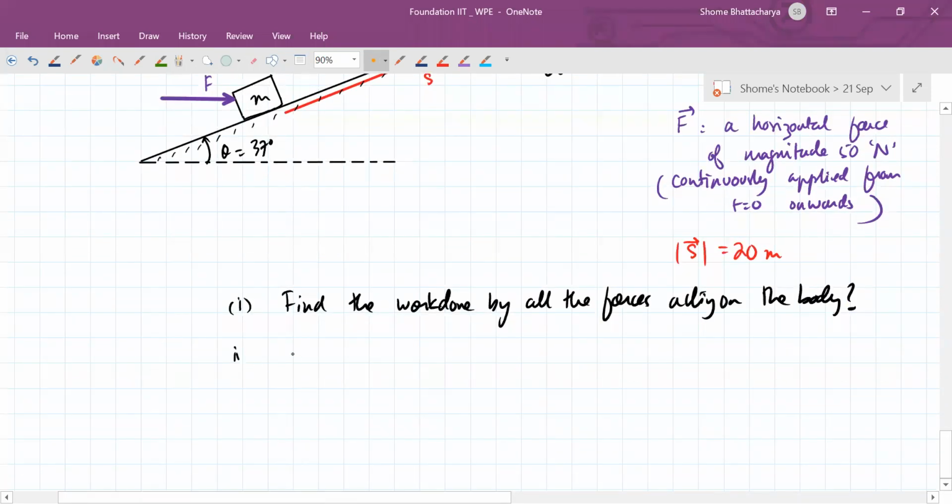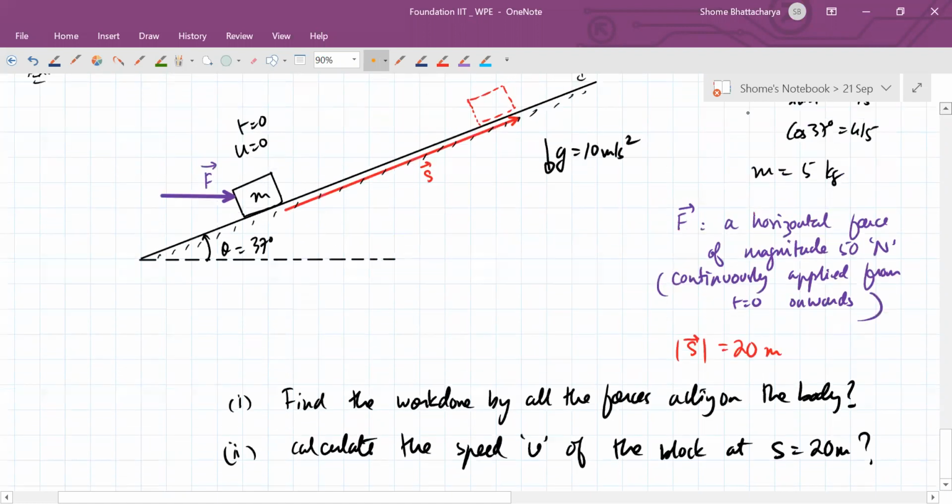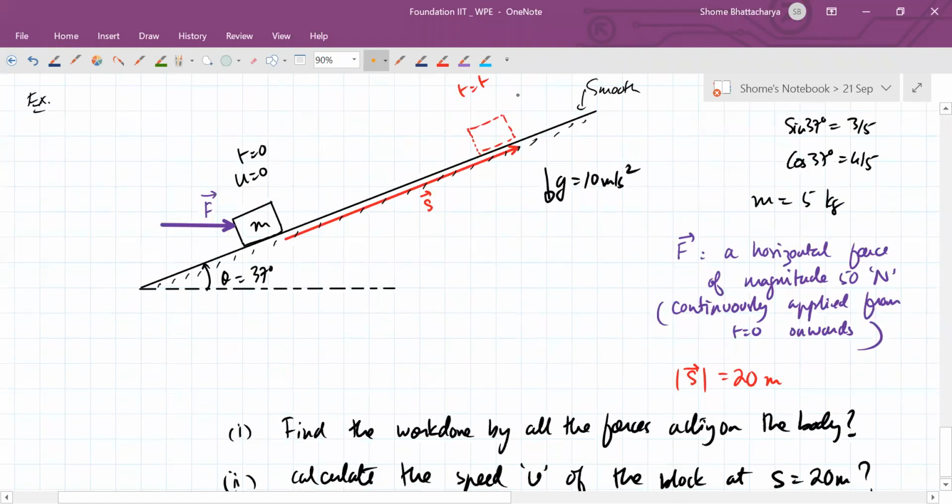And secondly, calculate the speed v of the block at the displacement of 20 meters. When it reaches that position, what is the speed? This we have to calculate. So just try this out, people.